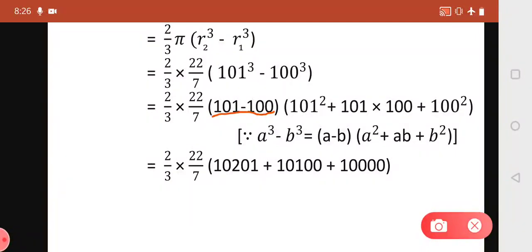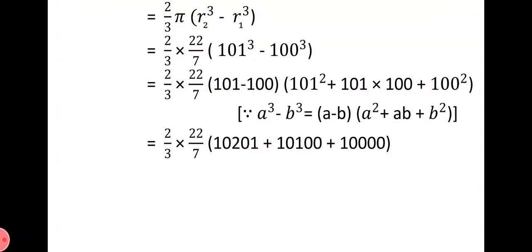Now the square of 101 is 10,201. The product of 101 into 100 is 10,100. And the square of 100 is 10,000. So we get 2 upon 3 into 22 upon 7 into 10,201 plus 10,100 plus 10,000.